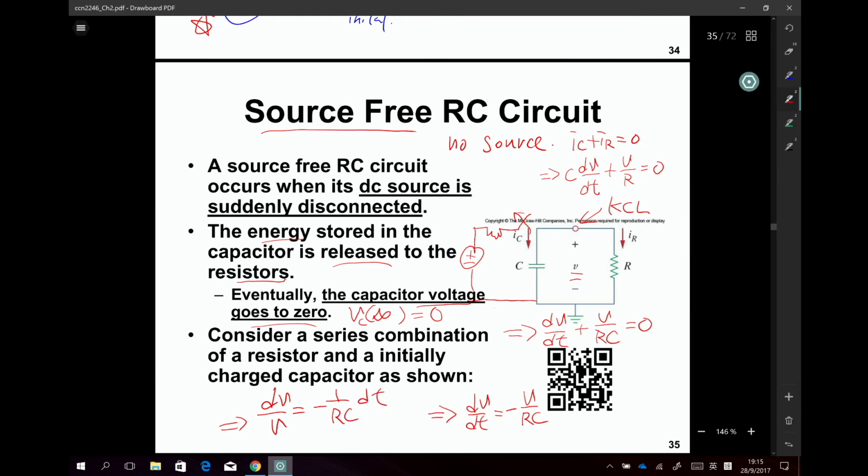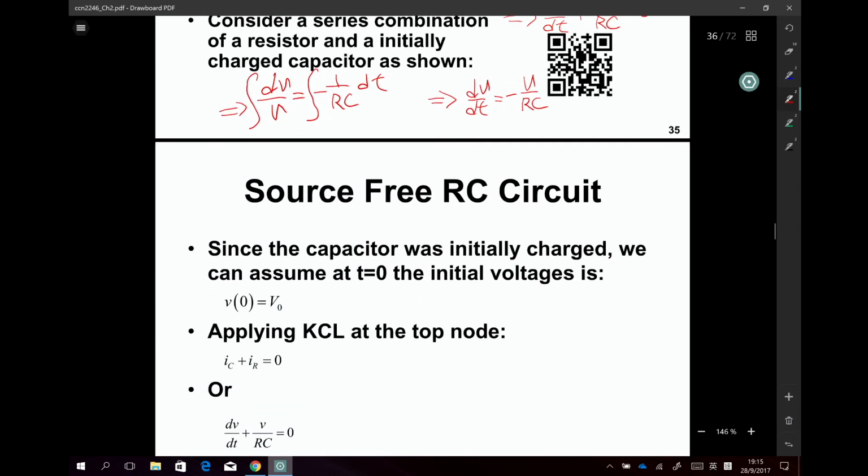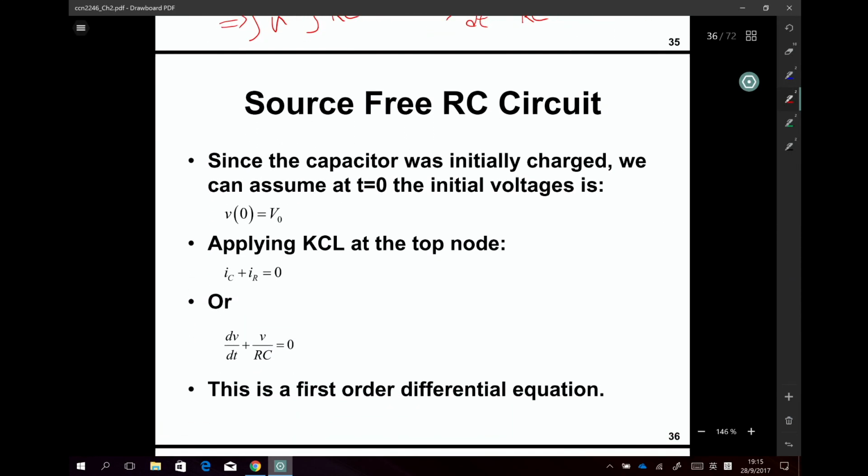Or you can take the integral at both sides. Then, after you take the integral, you get the answer. You can find on the next page, we give you the answer. Now, we said that initially the capacitor voltage is V0. We apply KCL and we come up with the first order differential equation that we told you before.